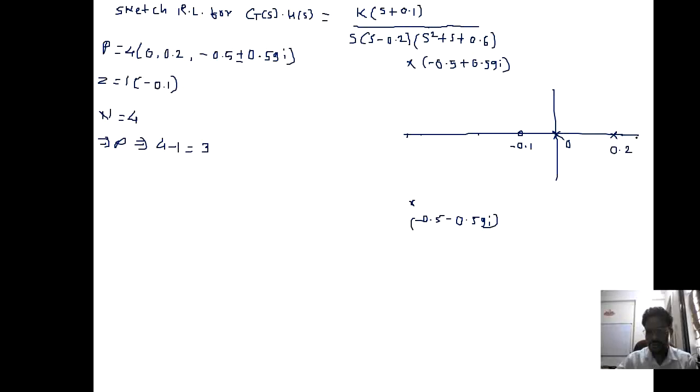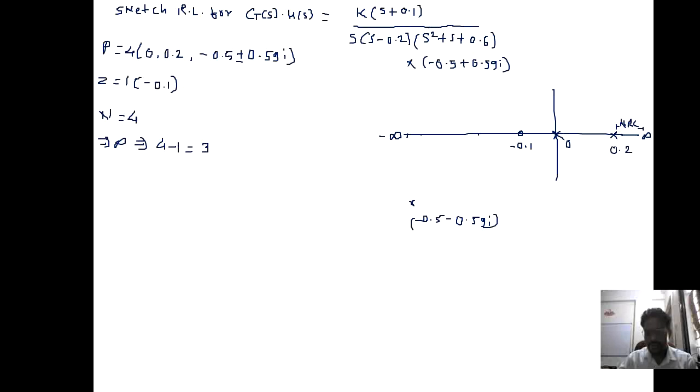Now, existence of root locus. The regions are: infinity to 0.2, 0.2 to 0, 0 to minus 0.1, and minus 0.1 to minus infinity. These are the regions in which we have to check for root locus. The very first region is infinity to 0.2. In this region, if we check on the right hand side of any point, the number of poles and zeros is 0. So this is NRL, a non-root locus region.